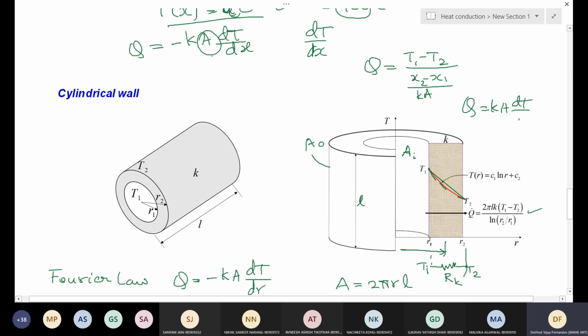Q equals minus KA dT by dx, and here it will be minus KA dT by dr. If we are taking the same area and same thermal conductivity, these things will go. So only dT by dx and dT by dr will decide. dT by dr will be more than dT by dx. So we can clearly tell that heat transfer is more in the case of the cylindrical wall.